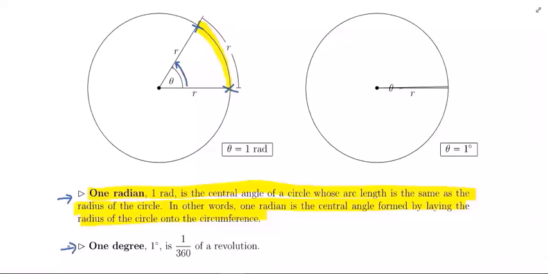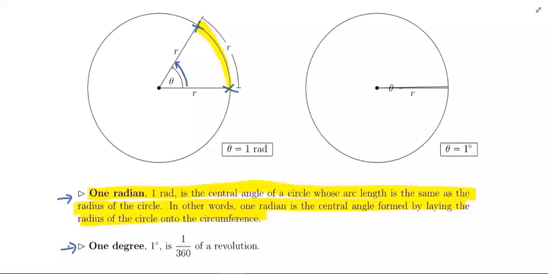And this is true no matter how big the circle is, no matter what your radius is. This picture is going to hold no matter how big the circle is. So these are the 2 most popular ways to measure angles, degrees or radians. They're just different ways of representing an angle.